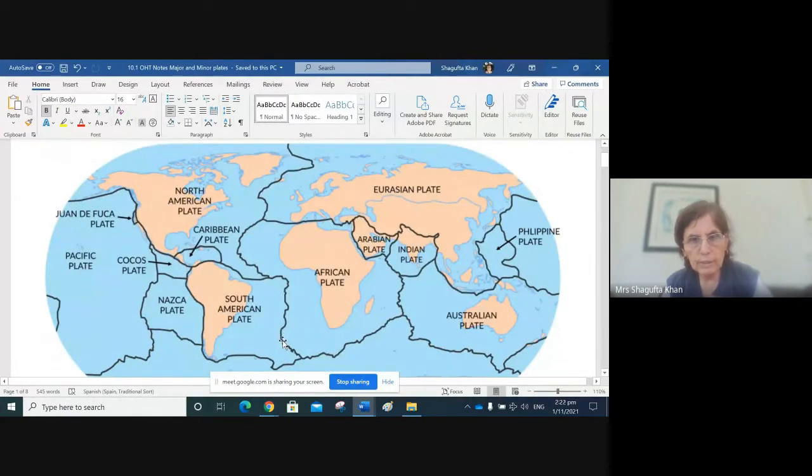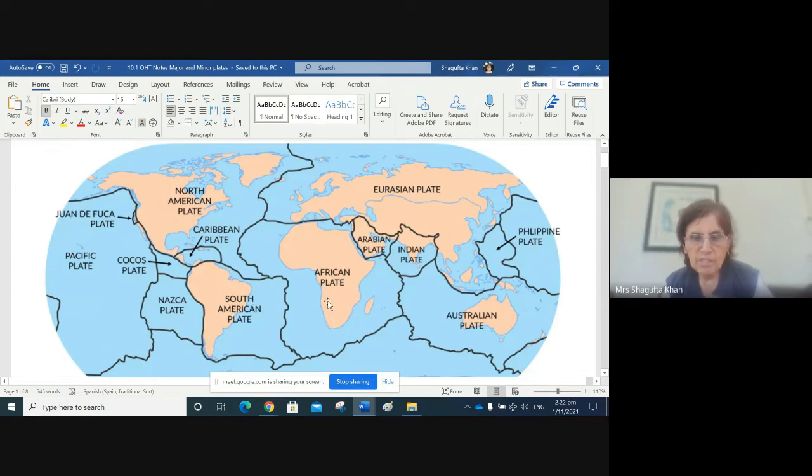So, for example, say this South American plate and African plate, that's the boundary between them. If you look at the coastline over here, this coastline and this coastline, that matches.